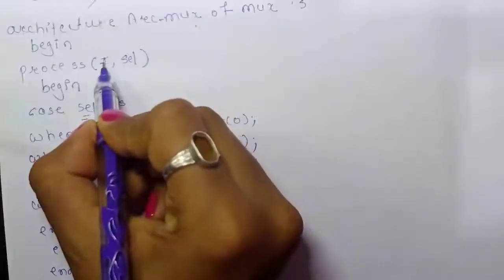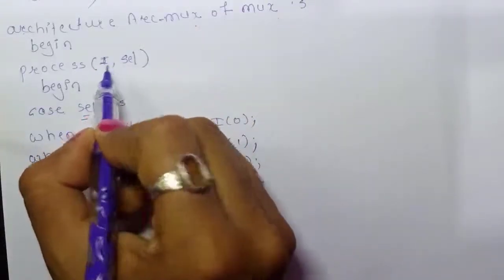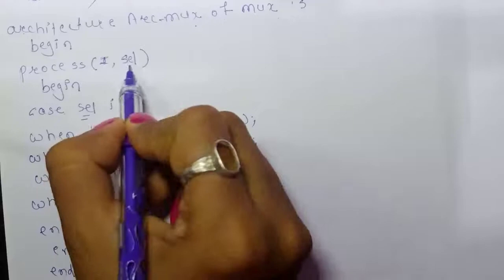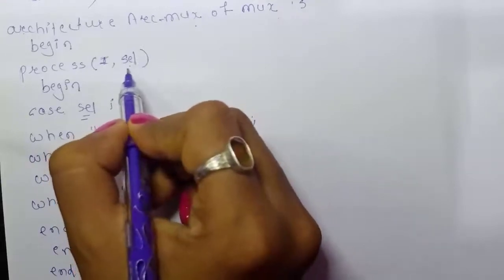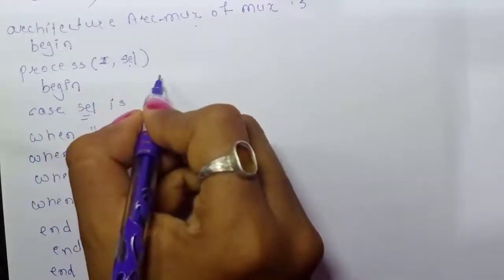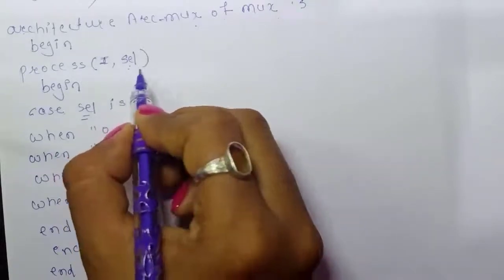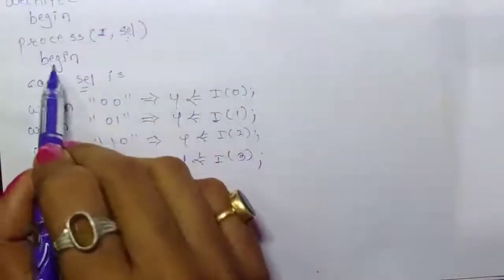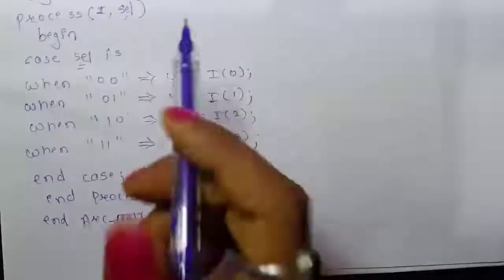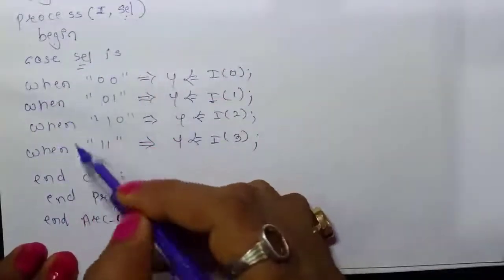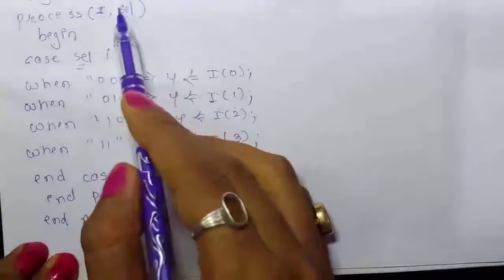We can write it as a single variable, that is I, and we have another changing input, the selection lines. There are 2 selection lines, S1 and S0, so we write it as a single variable, that is sel. Okay, then begin.